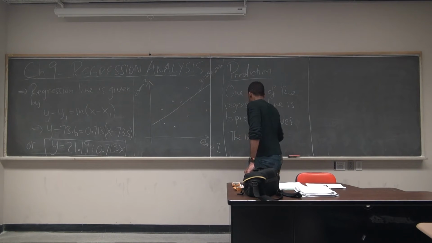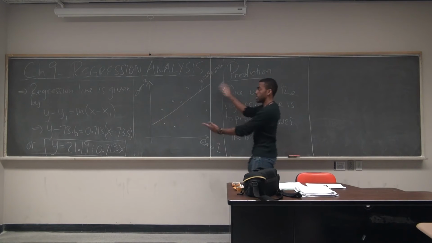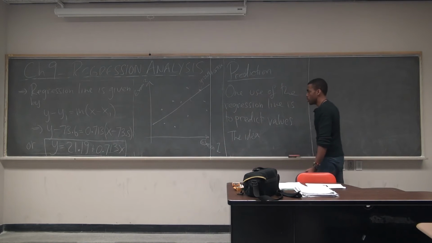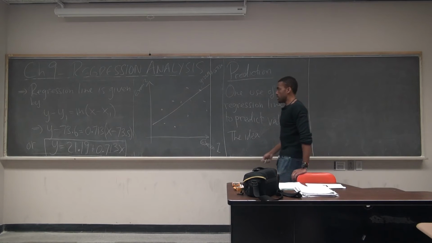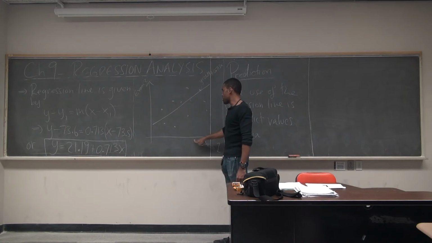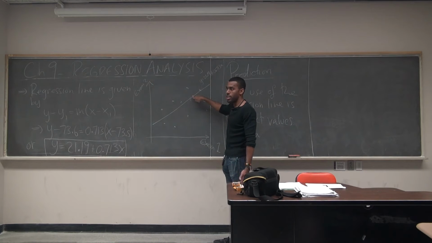The idea here is that because we're assuming this line is as close to all points as possible, we can sort of guess that if you give me some new x value that wasn't considered before, its y value would correspond to the y value that's on this line, right? It should be close to it.